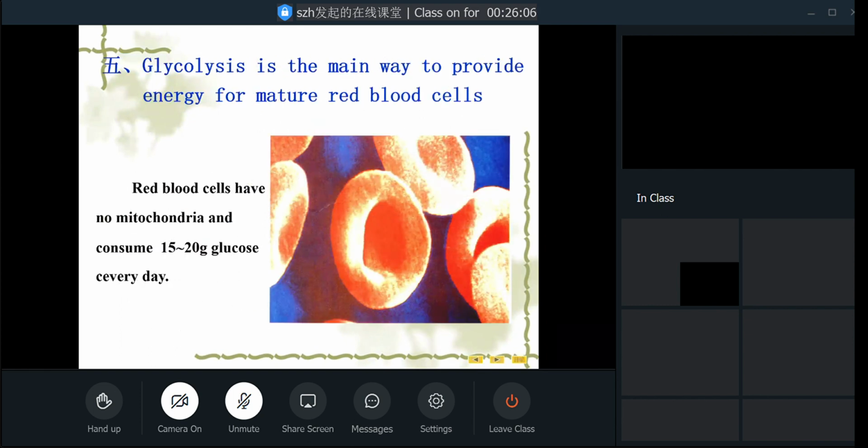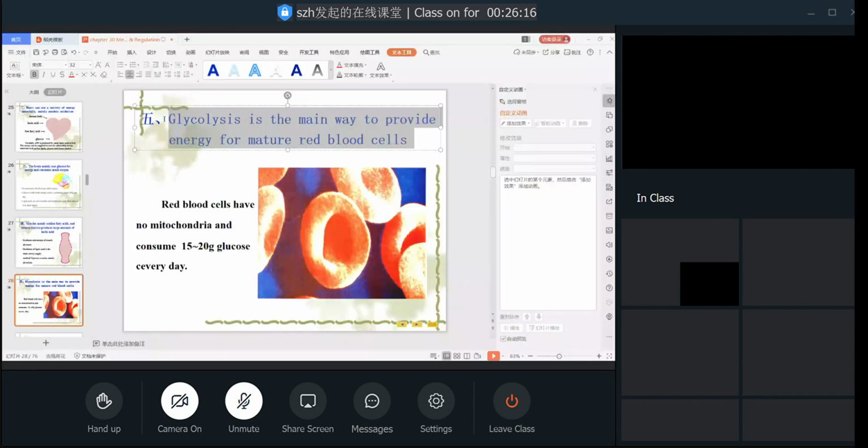And the last, glycolysis is the main pathway that supplies energy for the red blood cell.